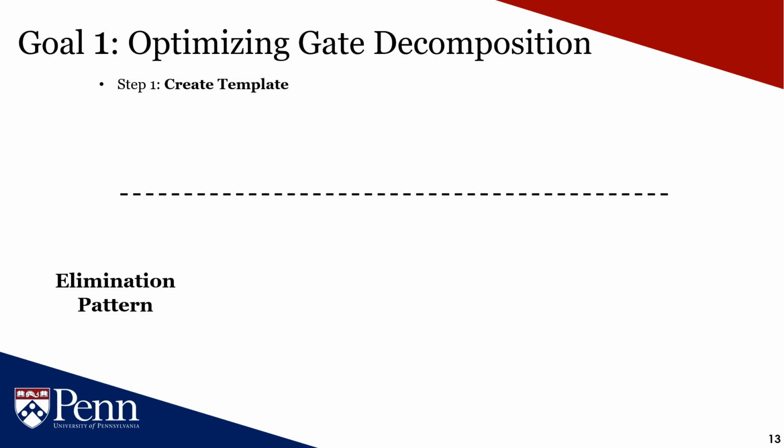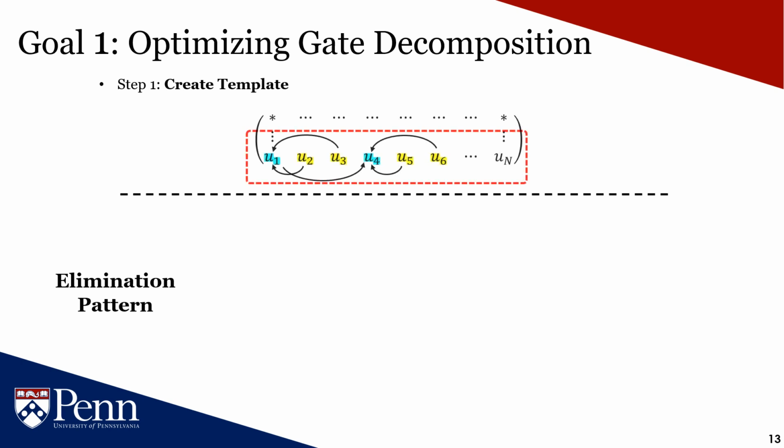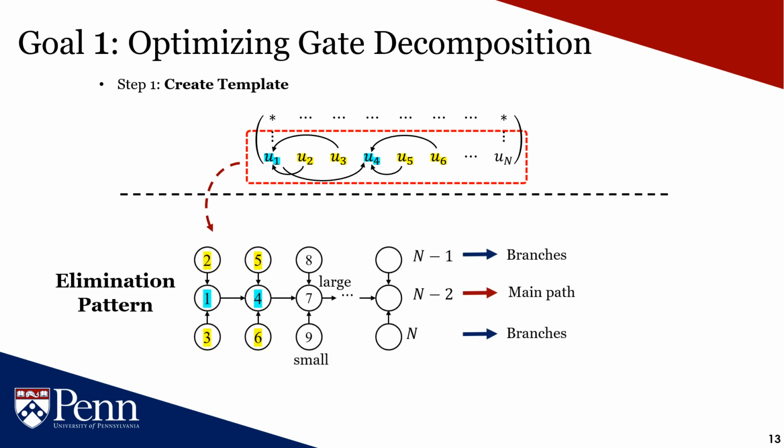To achieve optimization, the first step is to create a template. Suppose we will decompose an n-dimensional unitary matrix on the top. We eliminate the row in the red box according to those arrows. Then, an elimination pattern can be summarized. We have highlighted the corresponding elements in the same color. It has 3 rows. The row in the middle, we call the main path.